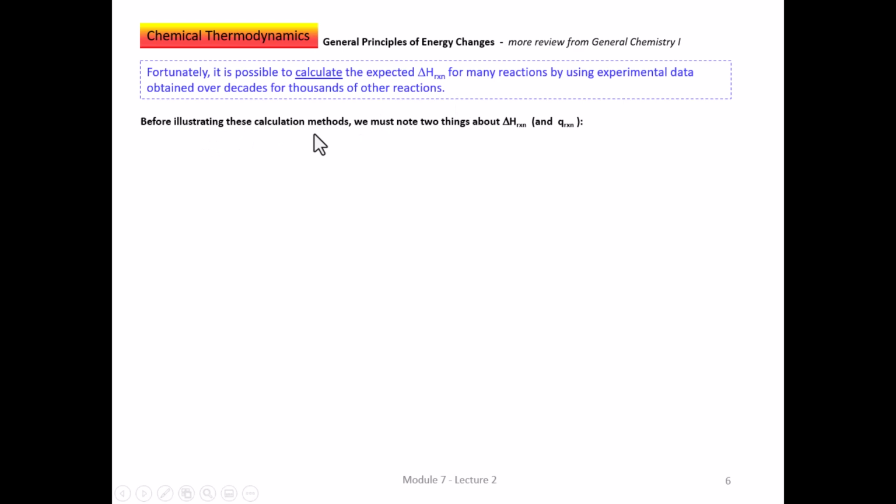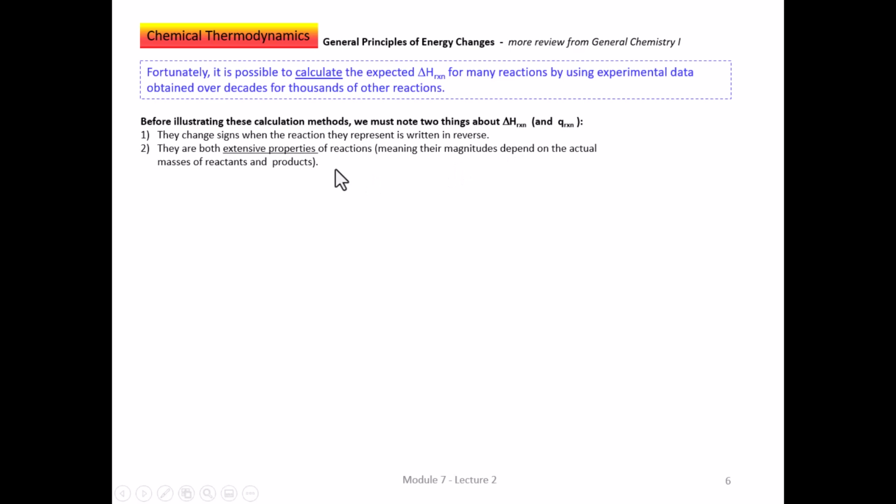Now, before illustrating these calculation methods, we need to note two things about deltaH and Q. First of all, they change signs when the reaction they represent is written in reverse. And secondly, they're both extensive properties of reactions, meaning their magnitudes depend on the actual masses of reactants and products. Let's look at a couple of examples of what I mean.